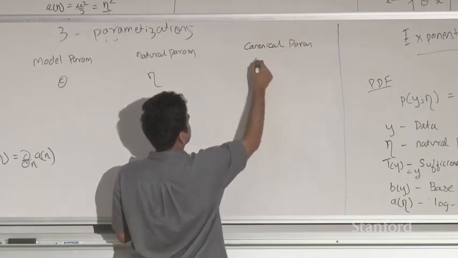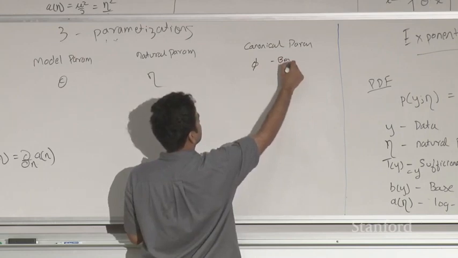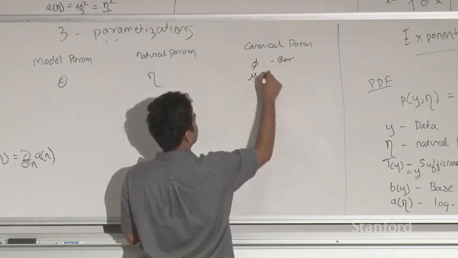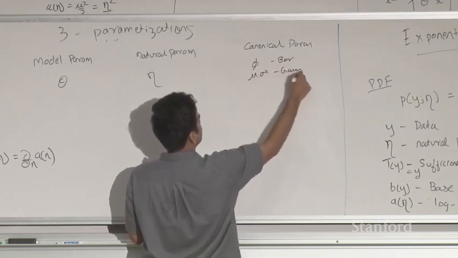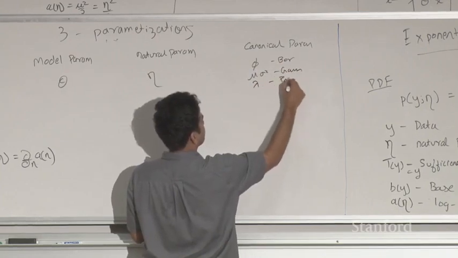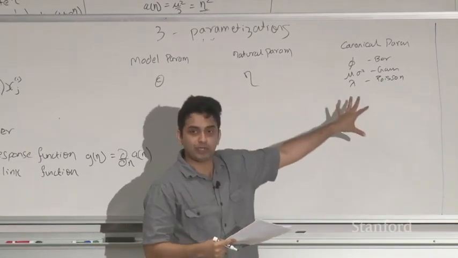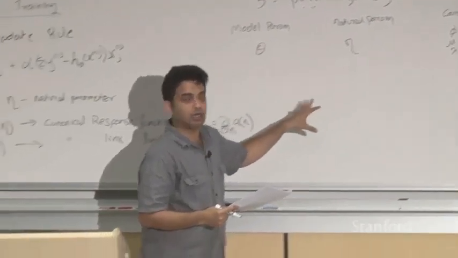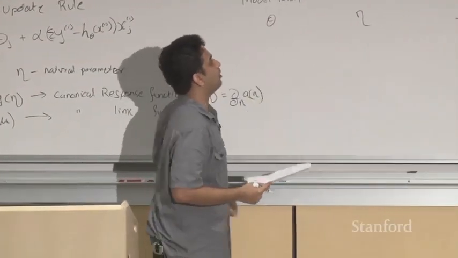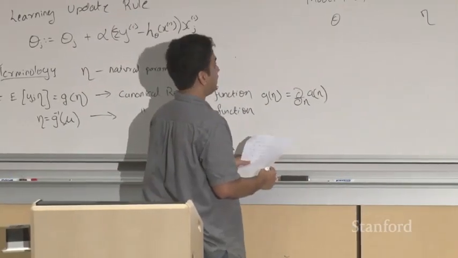And this is, say, phi for Bernoulli, mu and sigma squared for Gaussian, lambda for Poisson. Right? So these are three different ways we can parameterize either the exponential family or the GLM.